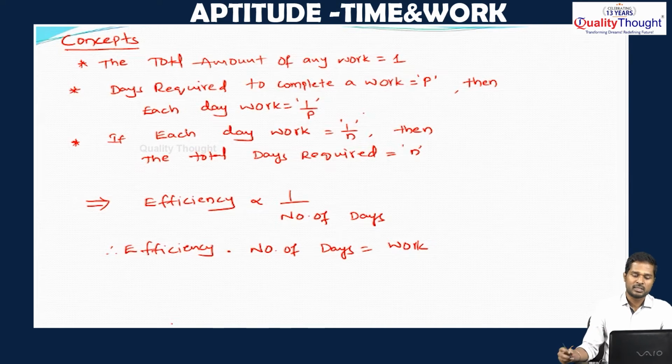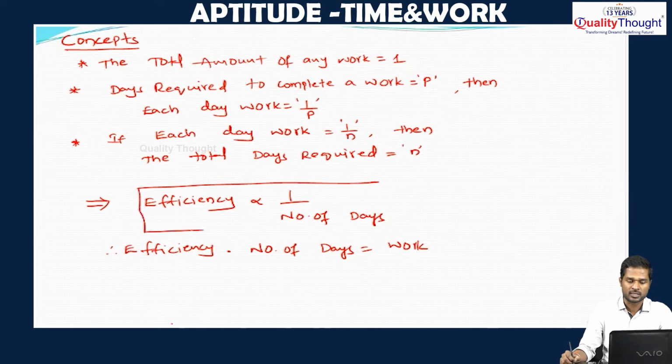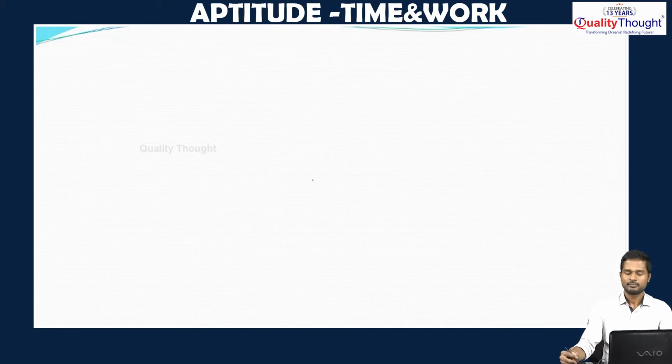So remember this, the efficiency will always be inversely proportional to the number of days taken. If a person is more efficient, he will take less number of days. If a person is less efficient, he will take more number of days to complete the work. These are the things you need to keep in mind. Let's see some more points here. We'll put a note about this.